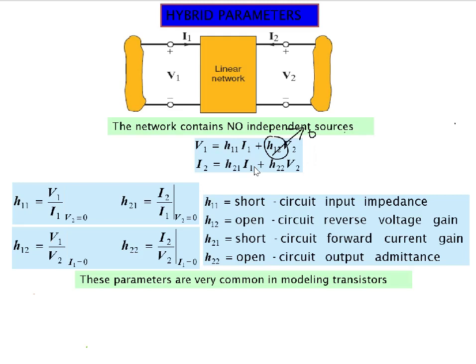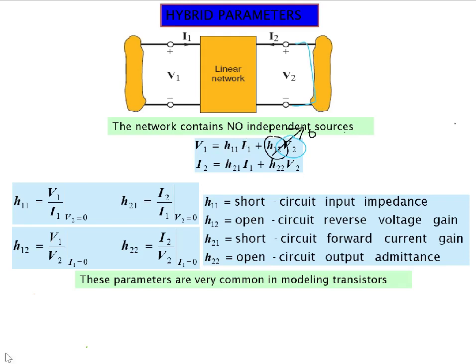So the only option we have now is the voltage on the second side. How do we make the voltage on the second side 0? Just short circuit the second side and this will make the voltage equal to 0.